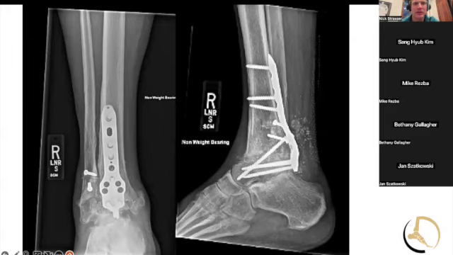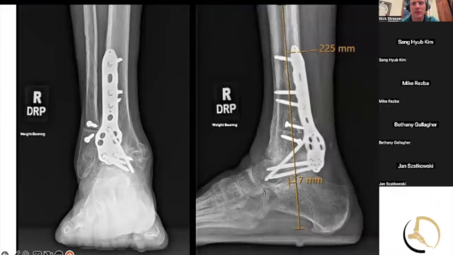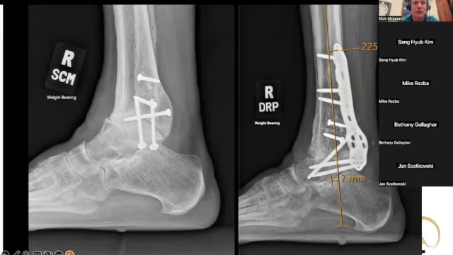And then these are the initial post-ops, and I think these are at 6 months. I was able to get it translated posteriorly, and she healed fine. This incision healed fine. You can see I translated that talus back. I did shorten it a bit.